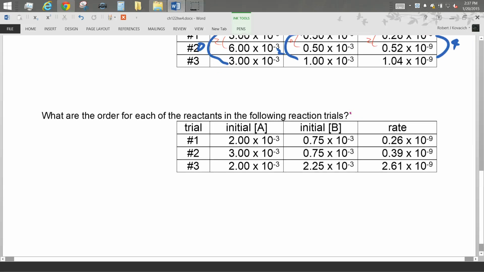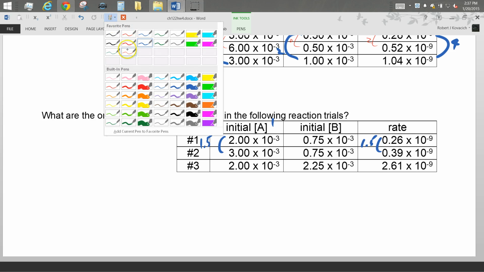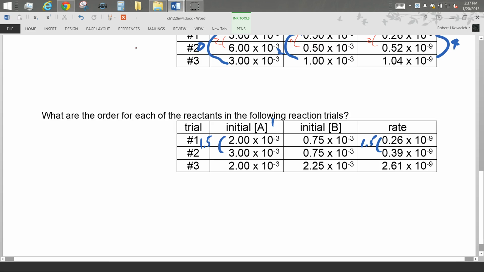All right, let's do trials 1 and 2 again for this next one. And so here, I had an increase of 0.5, let's say 1.5, and the rate here had an increase of 1.5. So it's first order with respect to A again. And then if I look at B, I'll pick these two, 1 and 3, and I got a 0 change there.